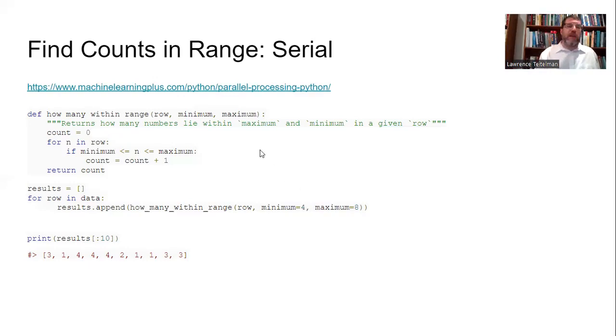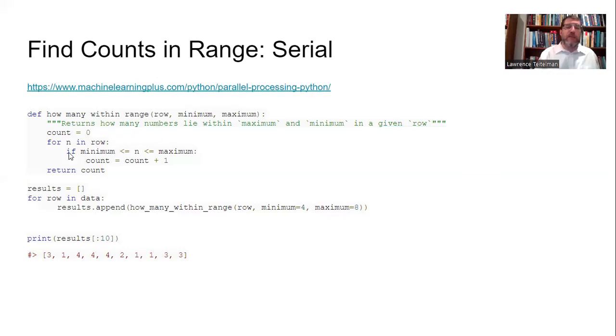So what is the time complexity of this function by itself? O of what? This first function here, ignoring the fact that it's being run a bunch of times. Not n. n is just, in this case, a loop variable. It's O of the length of row. We don't know how big row is, but however big row is, that is the time complexity of this algorithm.